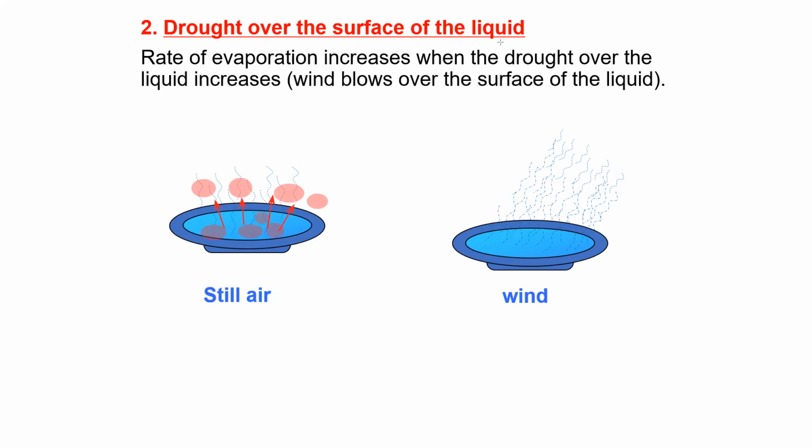But when it is windy, the air is blowing, so when these particles are coming out from the liquid surface, the wind will move them away from the surface, so the other particles have space to come out. That's why the rate of evaporation increases.